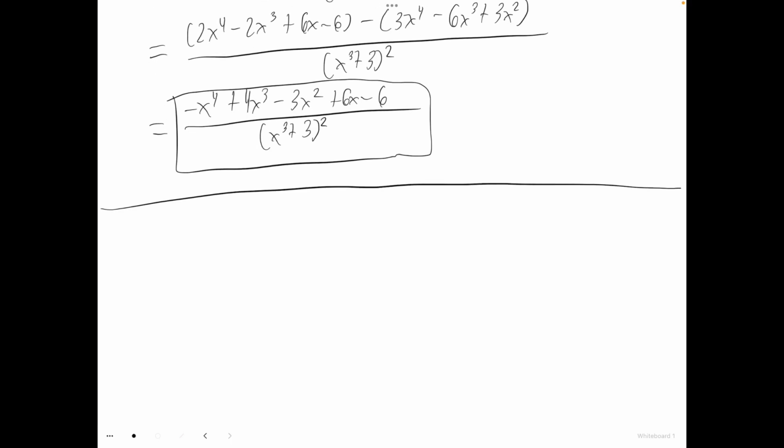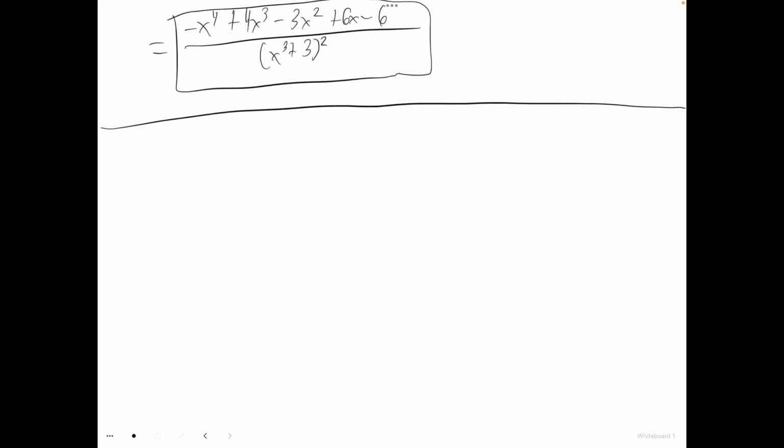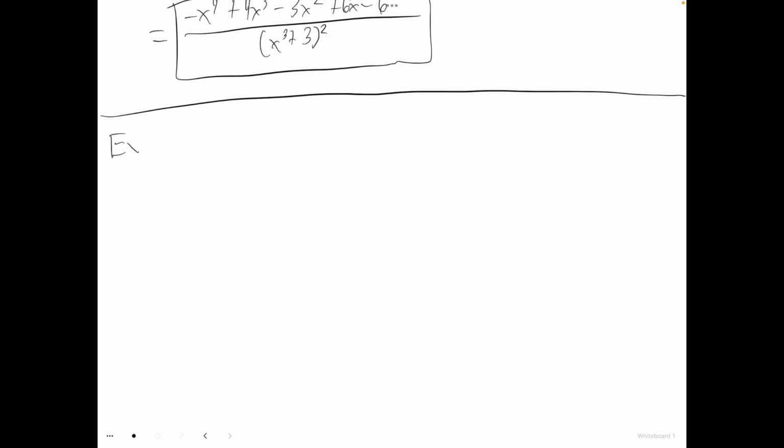So now let's look at another example. And so here we want to find the line tangent to the curve y equals e to the x divided by 1 plus x squared at the point 1, 1/2 e.